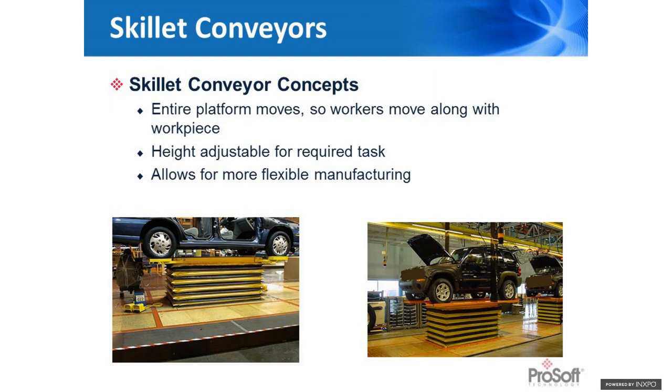Instead of having a line that produces the exact same car every time, one line can be used for multiple different vehicle platforms. And this is tremendously more efficient for the auto builder. And using this technology, they're able to adapt those lines to whatever process needs to be done.